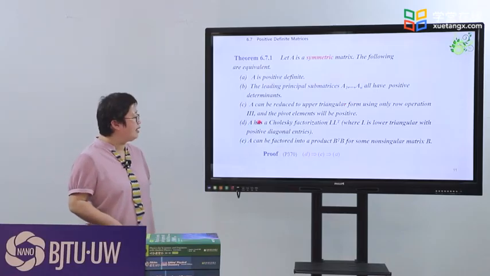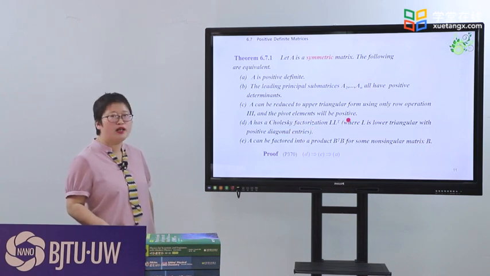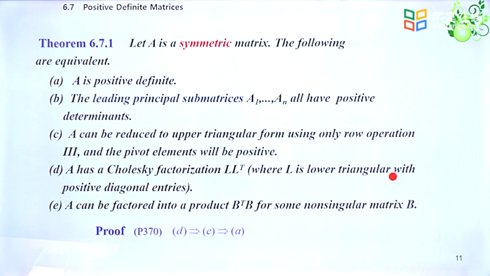D, A has a Cholesky factorization L L transpose, where L is lower triangular with positive diagonal entries. And E, A can be factored into a product B transpose B for some non-singular matrix B. Those conclusions are not difficult to show are equivalent. Okay.